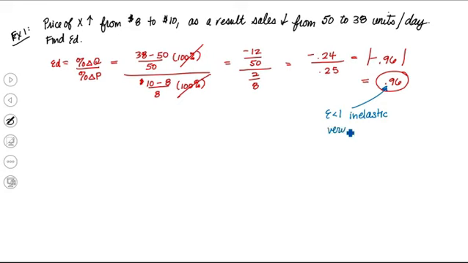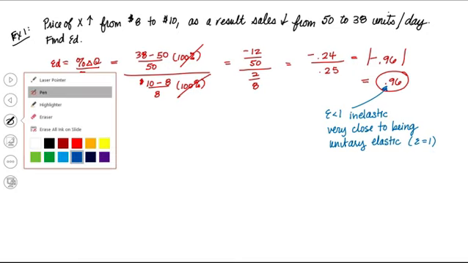Unitary elastic, right? Everyone agree with that? Because unitary elastic, remember, is elasticities that are equal to 1. So it's barely inelastic, just about unitary.